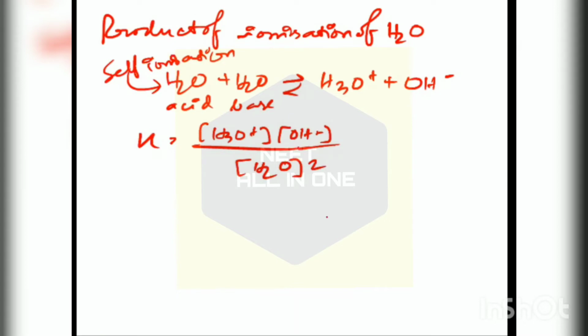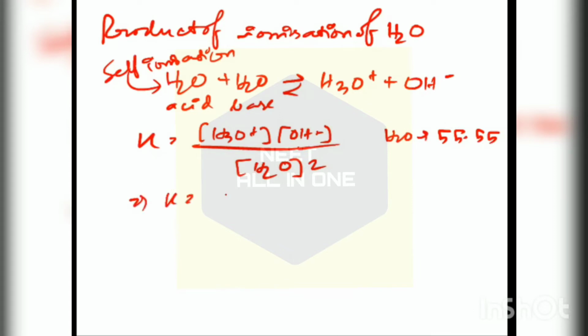We all know H2O has a molar concentration of 55.55. You can study it in the first chapter of your chemistry. So it is also a constant, right? Because it's a number.